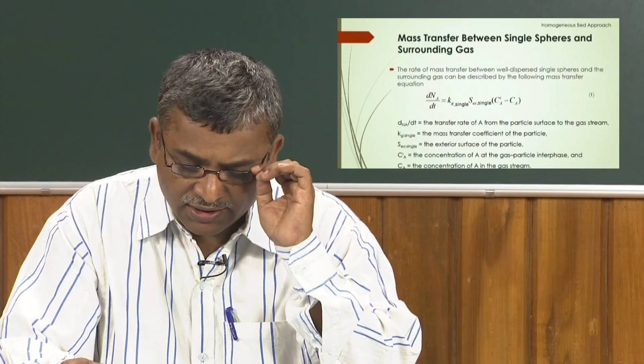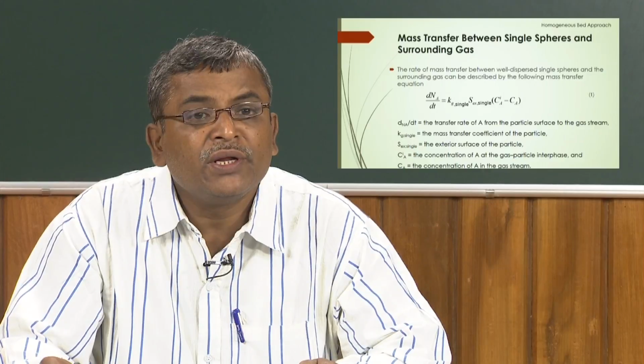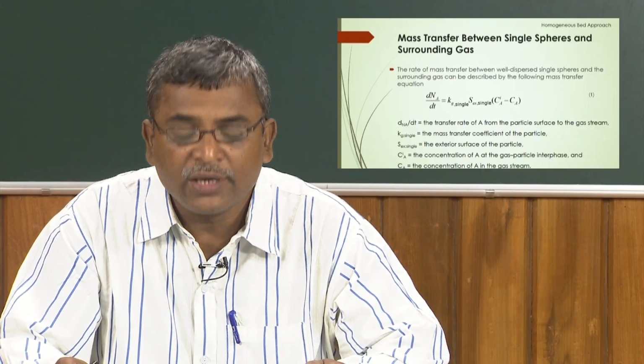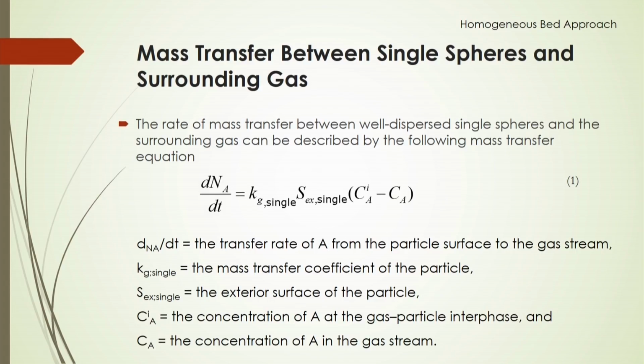Now, consider the mass transfer between a single sphere and the surrounding gas inside the fluidized bed. If you are considering only one particle inside the fluidized bed, what should be the mass transfer between the single particle and the surrounding gas?